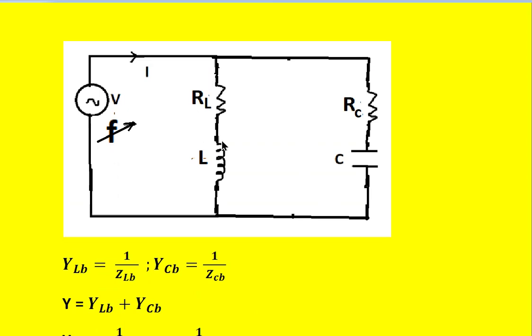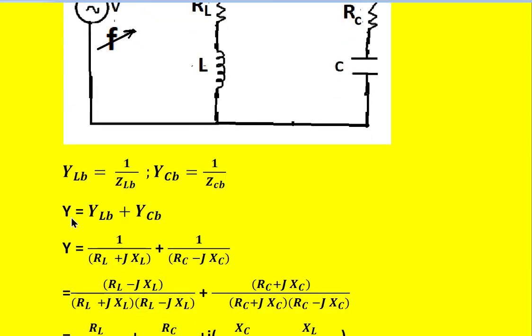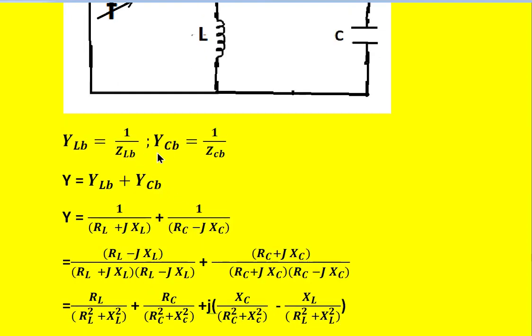In this parallel circuit, the total admittance is Y equal to YLB plus YCB. Substituting the ZLB and ZCB values, Y is equal to 1 by RL plus j omega L plus 1 by RC minus jXC.